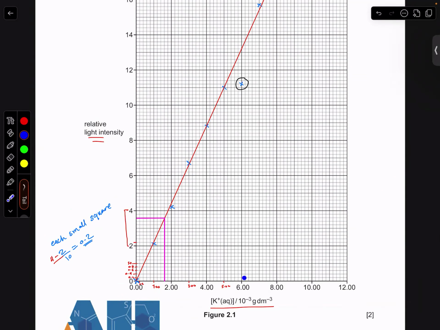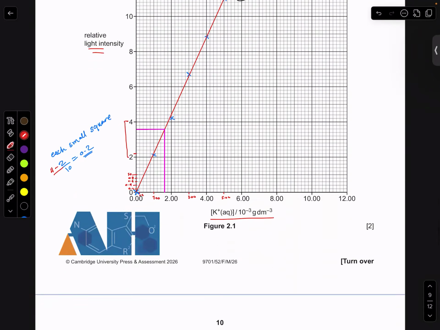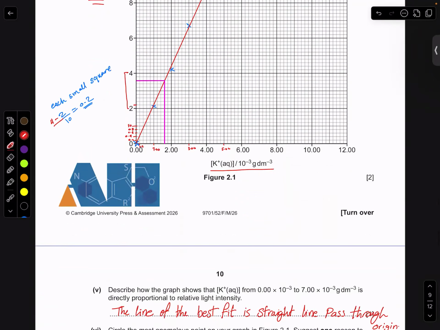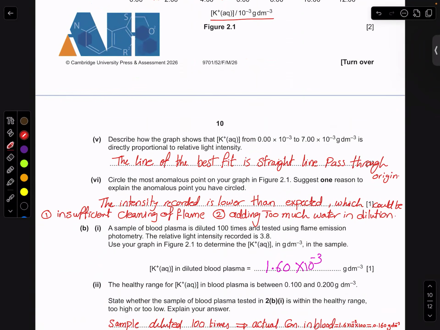If we consider that we measured the concentration right, the intensity of light should be here, for example, which is like 13.2, but we got 11.2. So this means that the light intensity is lower than the expected value.